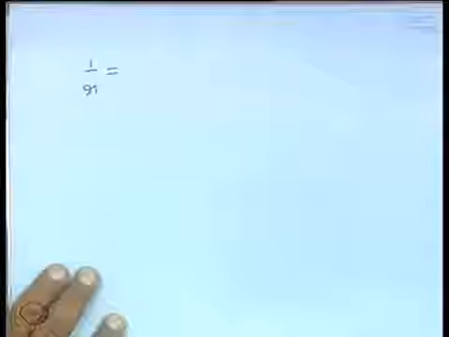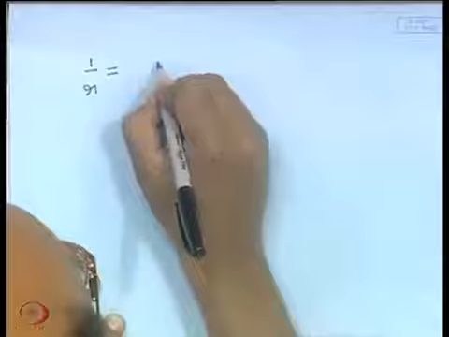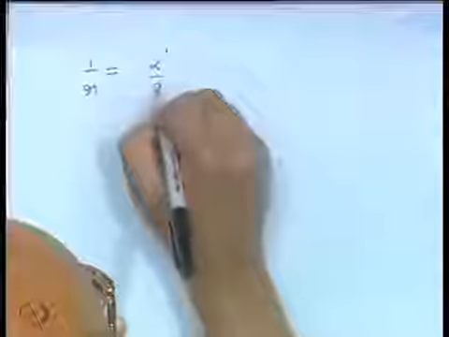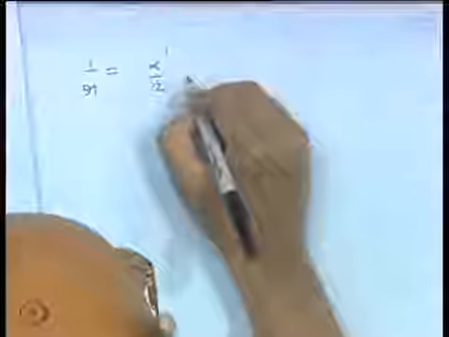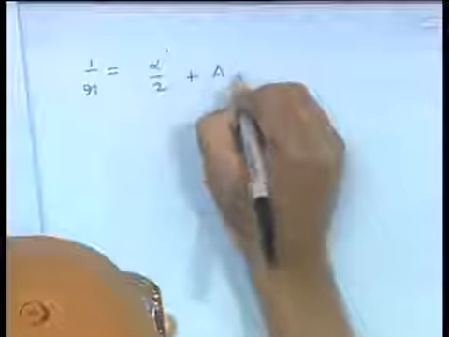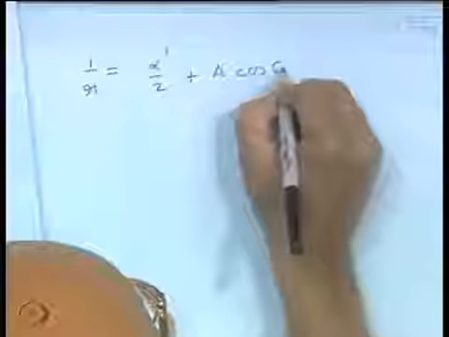The solution is that 1 by r is equal to alpha prime by 2 plus A cos phi.